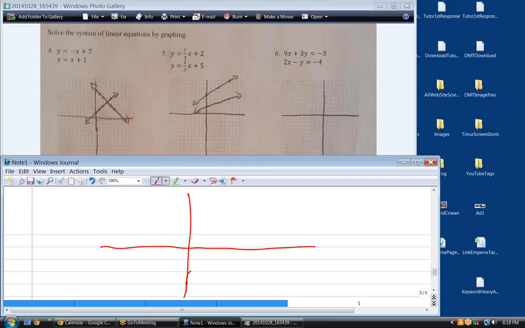On the first equation, the x-intercept comes when y is equal to what? 3? No. Think about it. If I draw a line, what is y at that x-intercept right there? Negative 3?